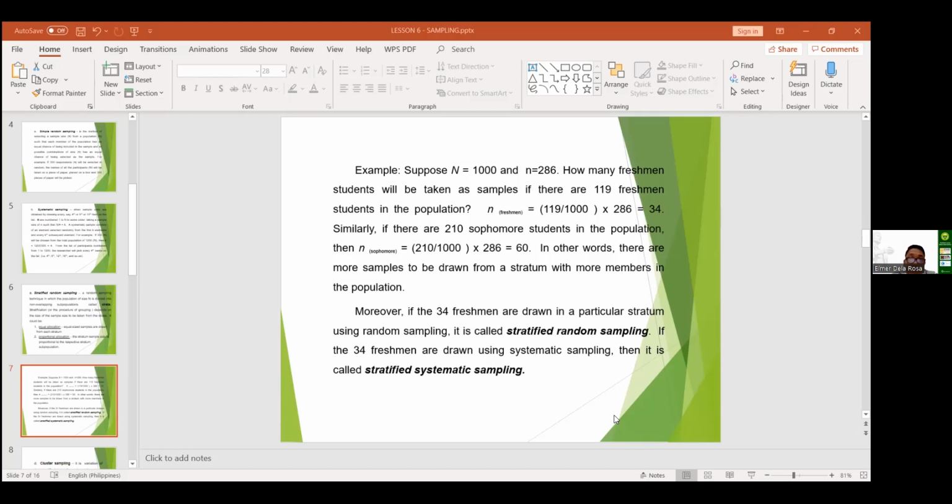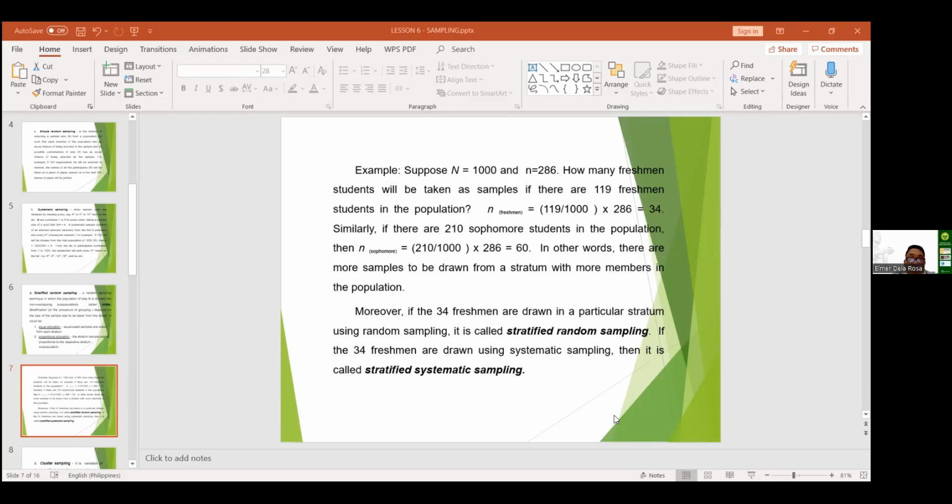So similarly, if there are 210 sophomore students in the population, then ilang sophomore ang kukunin mo? 210 divided by 1,000 times 286 will give us 60. So kung ito ay equal allocation, 71.5. Kung ito ay proportional, 60 lang ang kukunin mo.